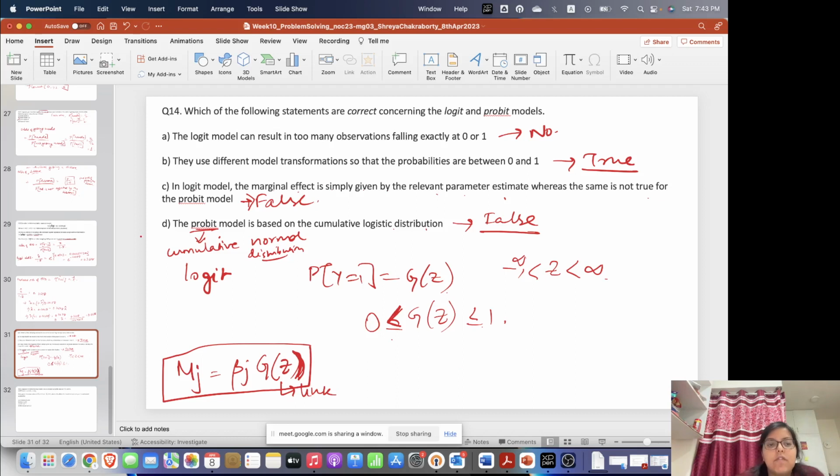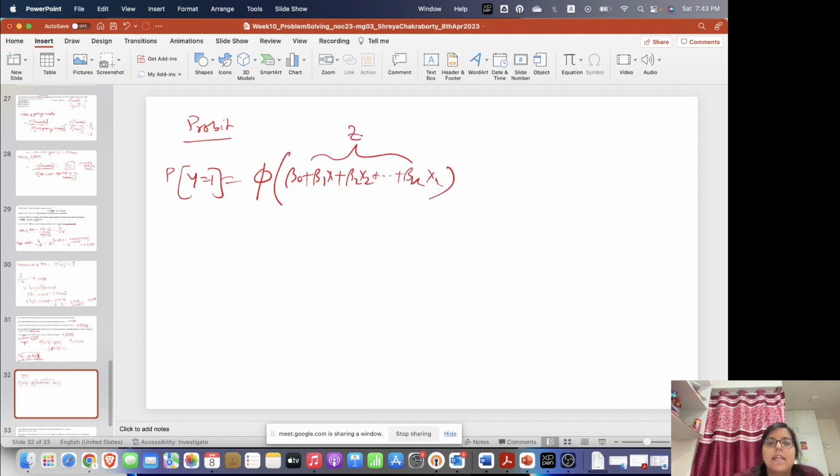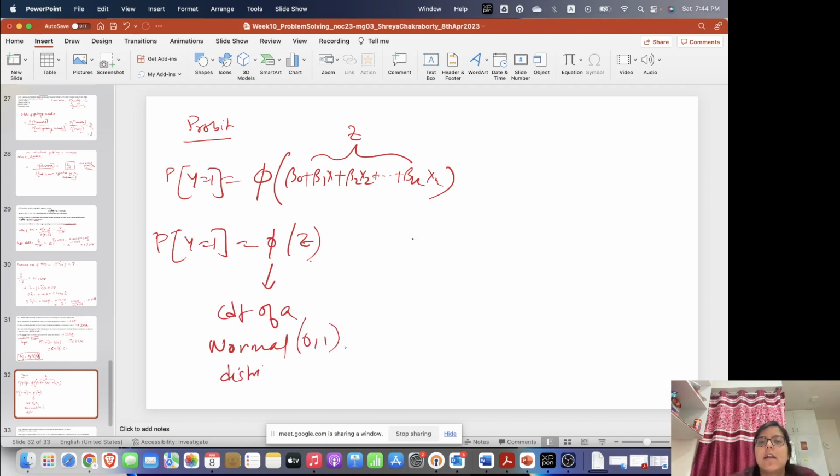For probit we would have probability y equal to 1 equal to phi of beta 0 plus beta 1 x1 plus beta 2 x2 plus dot dot dot beta k xk. If I write the entire thing as z, then we would have probability y equal to 1 equals phi(z), where this is the CDF of a normal 0,1 distribution.